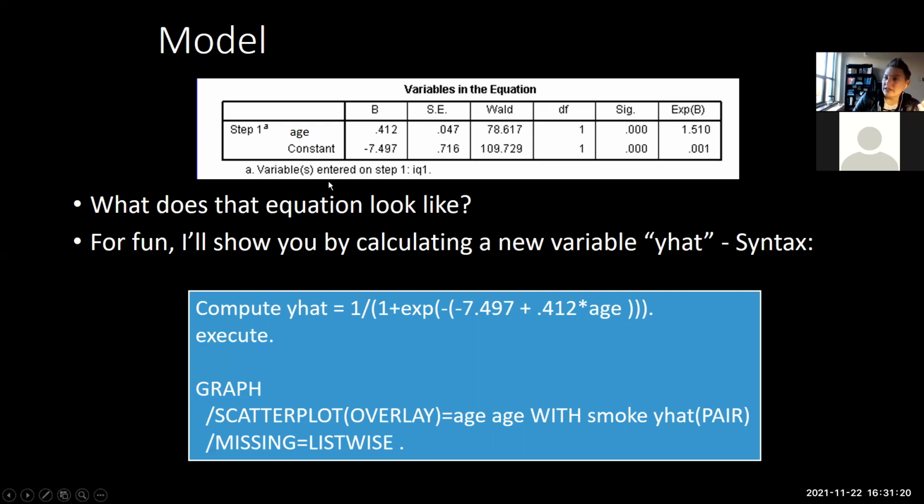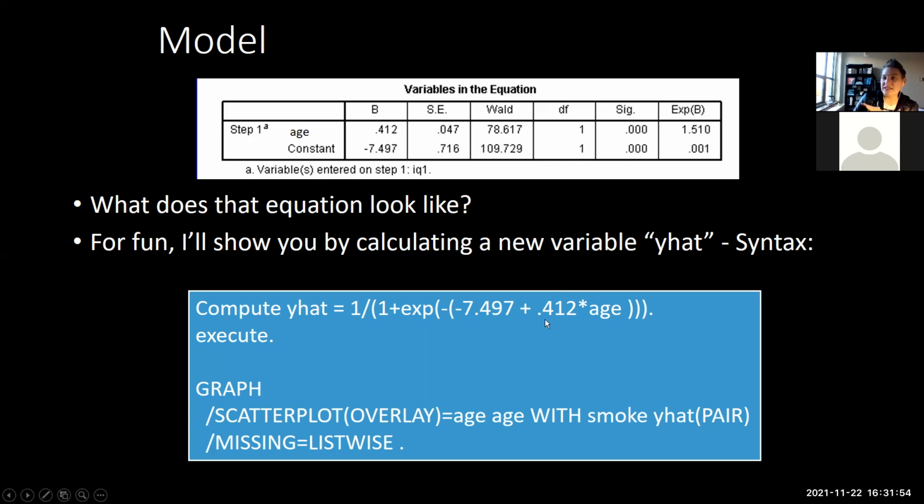First I'll show you how I've harvested the parts of this equation. I don't know if you remember, yesterday I showed you what this equation looks like with nothing in it. This is written in syntax terms, but you can see it's 1 over 1 plus exponential. I know it's 2 negatives, which is very confusing, but it's always exponentiated to the negative. So then I bring this negative down inside the parentheses, and then it's 0.412 times age.